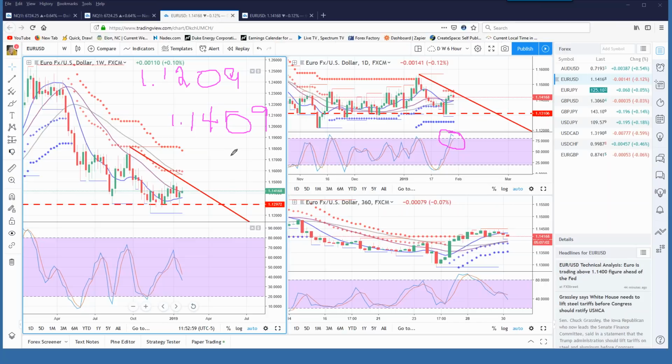And my average price, which is the price that I entered at, was 1.1433, which means I had a total risk of $26 per contract. Does everybody understand that? Any questions on that?